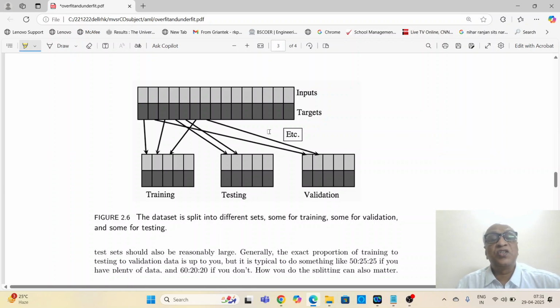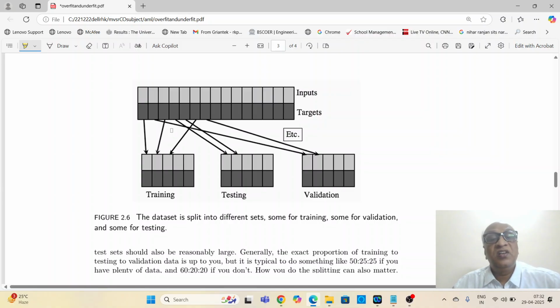The data set is split into training data, testing data, and validation data. Training data so that the model can learn well. Testing data so that predictions, forecasts and results can be formed. Validation data to check whether the performance is proper or not.